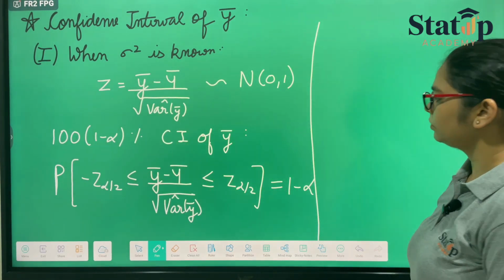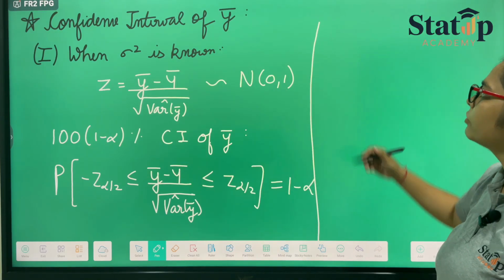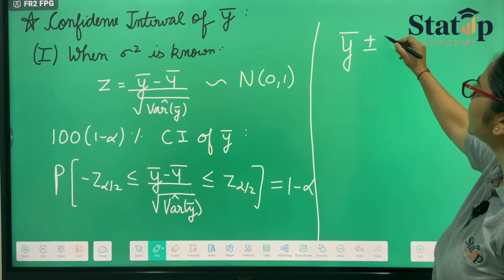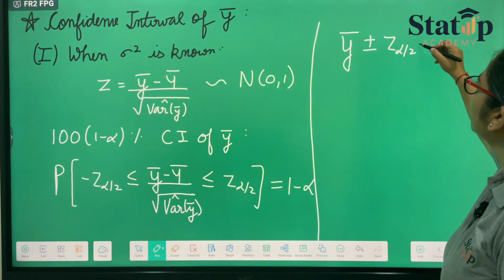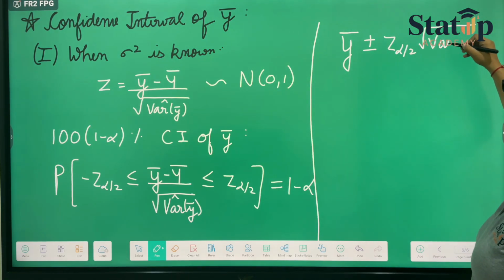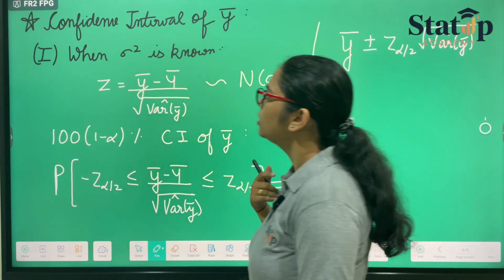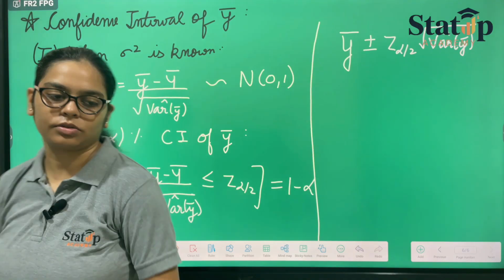So what is the confidence interval we get? We will get y bar plus minus z alpha by 2 under root of variance of y bar. This will be the confidence interval when sigma square is known.